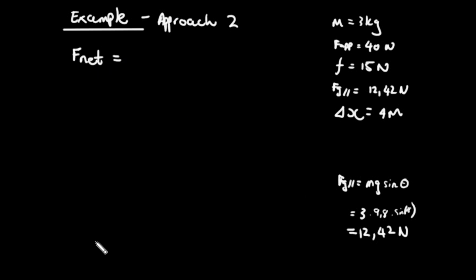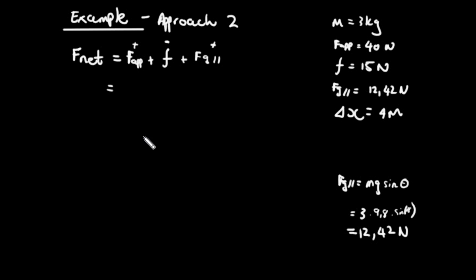So the net force is the force applied plus friction plus FG parallel, because that's parallel to the slope. If something is parallel to the slope, it means it's going in the same direction of motion, so we know that's positive, and friction is negative.